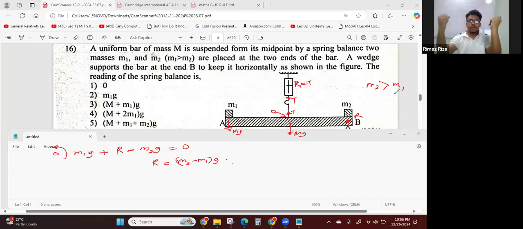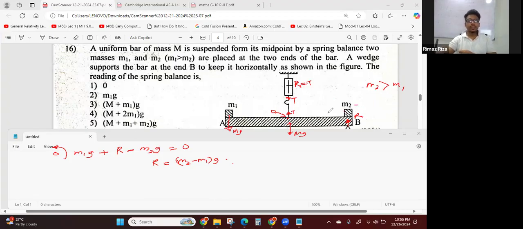So since this is large, the difference in moment should be balanced by R.